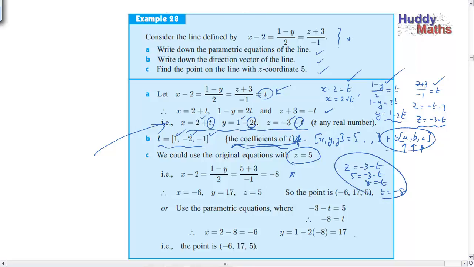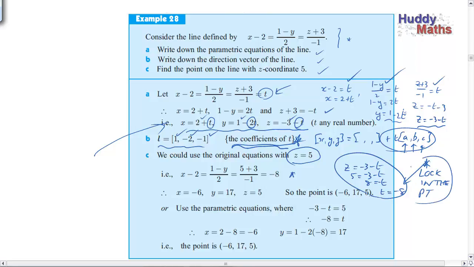So specifying one of those coordinates or components of the direction vector, or coordinates of the particular point we're looking at, gives us a t, and that locks us in, doesn't it? Locking us in. Once you specify a t, you lock in the point on the line.